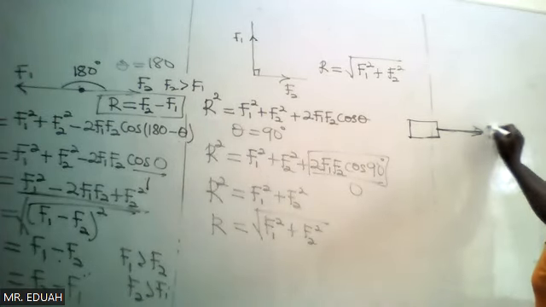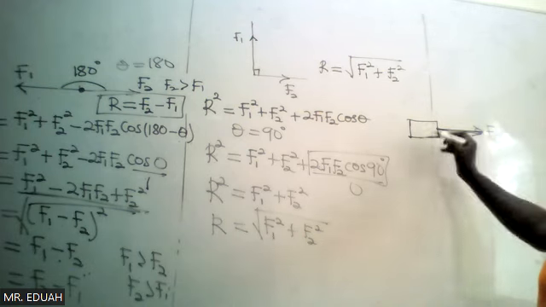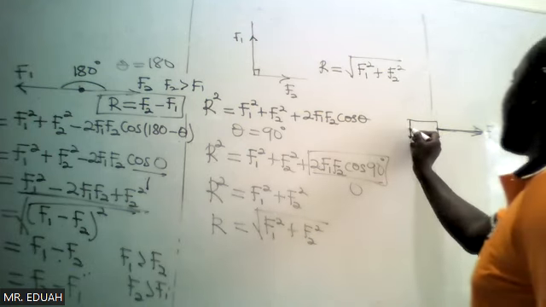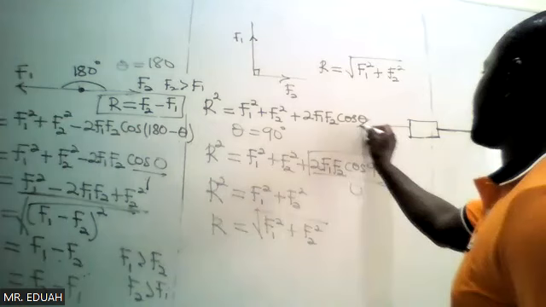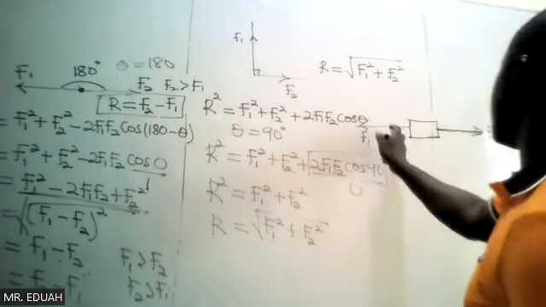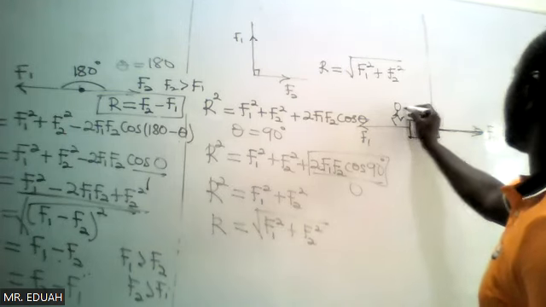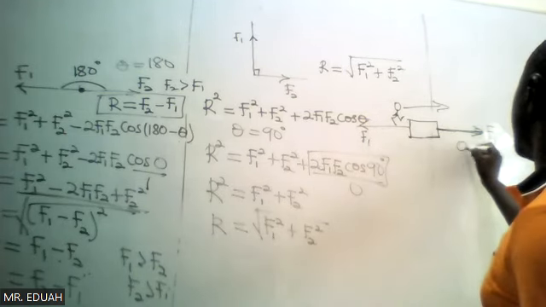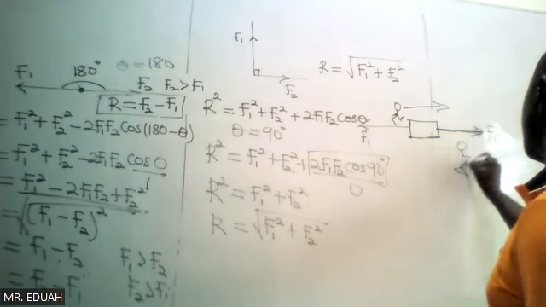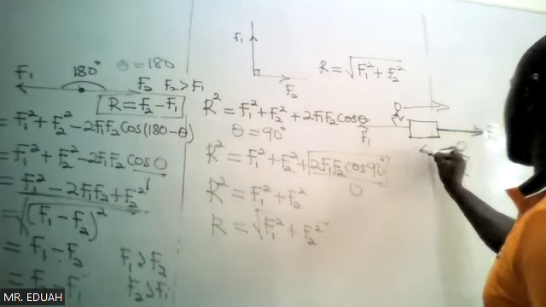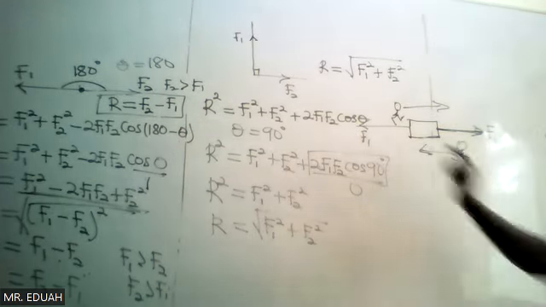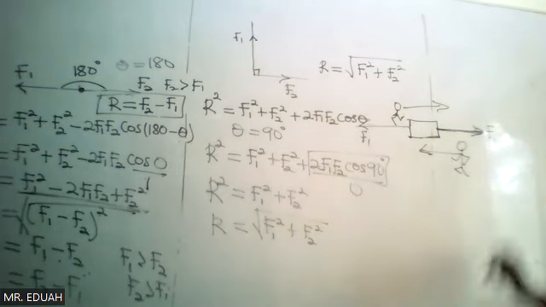The force applied is F1. Your brother is also pushing in the opposite direction. So it's like this. They are all along the horizontal.